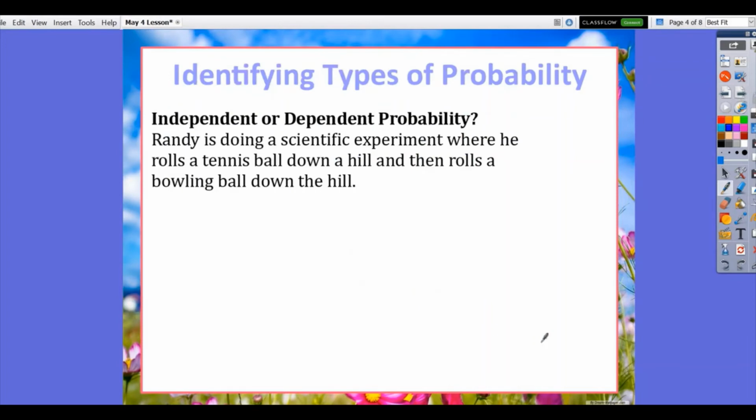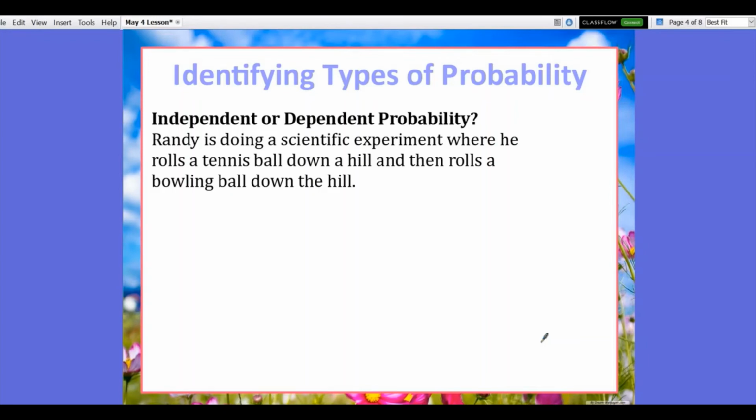All right, so let's go to the next one. Here we are going to try to identify some types of probability. And I'm going to ask you the questions that I asked myself. So we want to know, is it independent or dependent? Randy is doing a scientific experiment where he rolls a tennis ball down a hill, then he rolls a bowling ball down a hill. Do that tennis ball and that bowling ball have anything to do with one another?